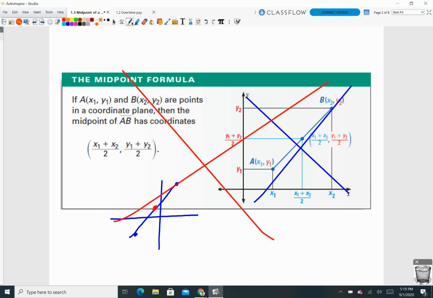The idea is real simple from grade school, honestly. If you had two numbers, say 2 and 8, and I wanted to figure out what number was exactly in the middle, there's two ways you could go about it. You could list out all of the numbers between 2 and 8, and then look for the one that's exactly in the middle.